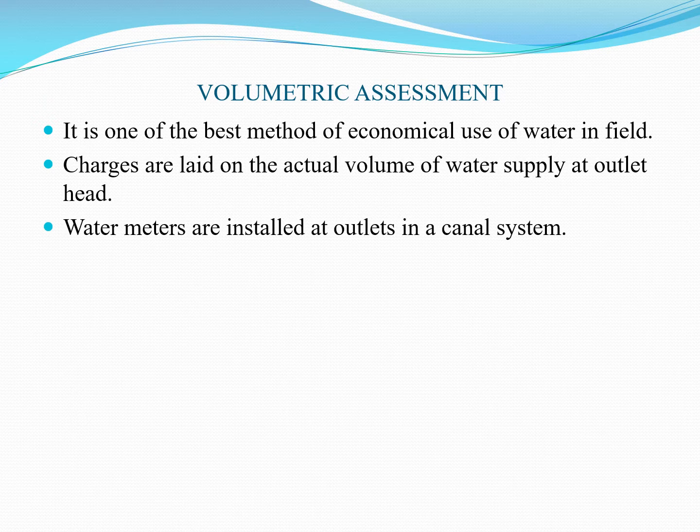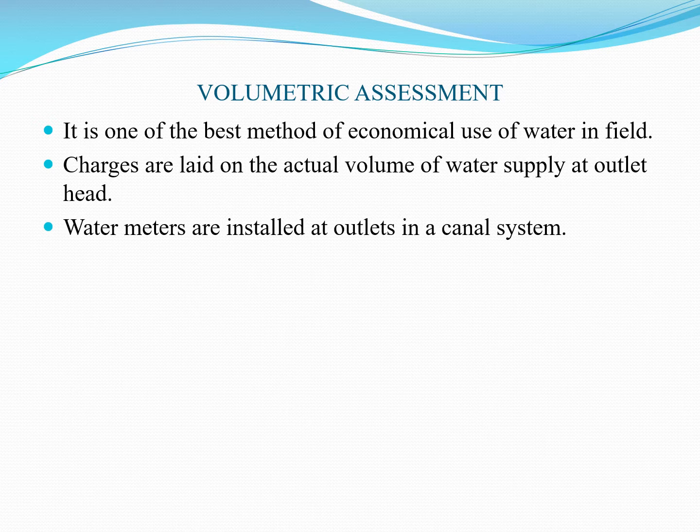In this method, the charges are laid on the actual volume of water supplied at the outlet head. For this purpose, to measure that volume, water meters are installed at outlets in a canal system.